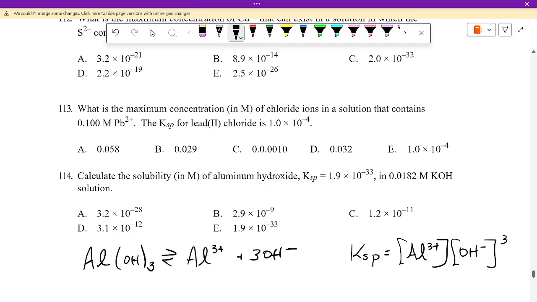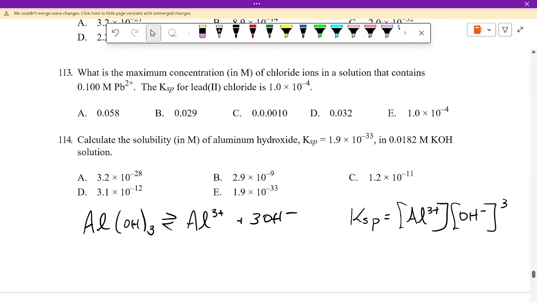Now, this is a multiple choice question, so you can assume that you don't want to be doing any big, humongous math. Yes? So you are given 0.0182 molar KOH. So the KOH gives us K plus and OH minus, and this is 0.0182 molar.